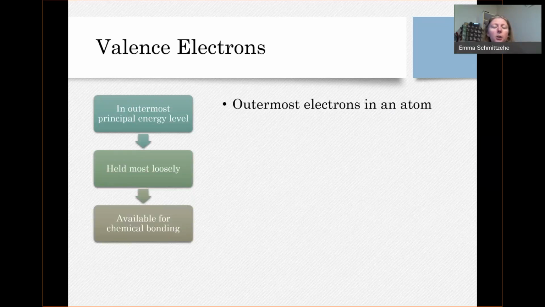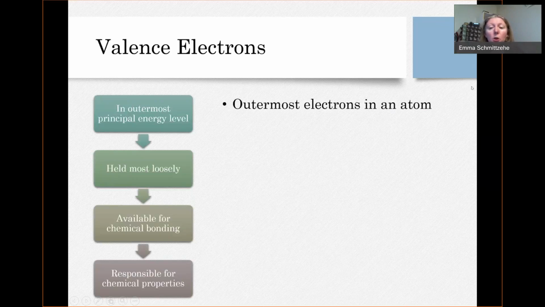Valence electrons are the foundation of a lot of stuff. If we can determine how many we have, we can do a lot with that. Those are the electrons that are the foundation of what we talk about in general chemistry when we're talking about chemical reactions.